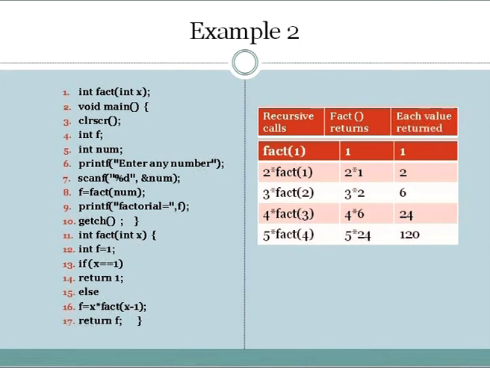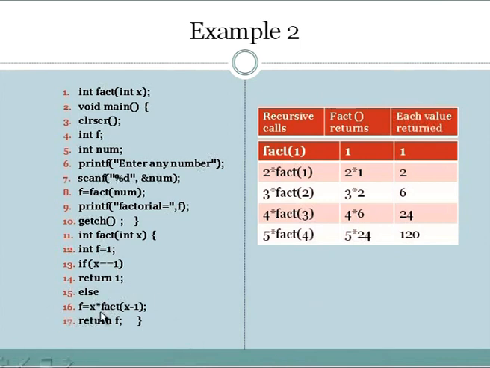Let's study an example. Suppose we pass the value 5 to the function fact. The value of x will become 5. Control will come inside the body of fact. First time, if x equals 1, the condition will turn out false.